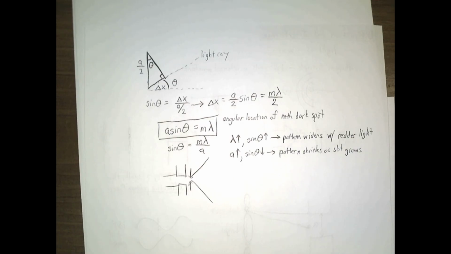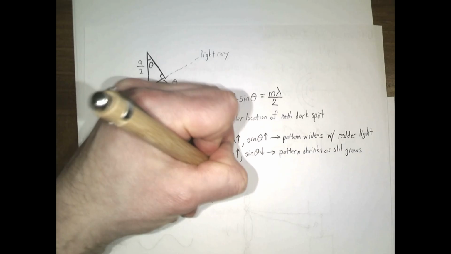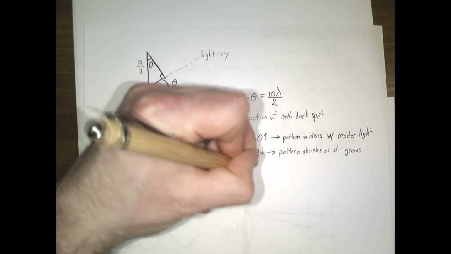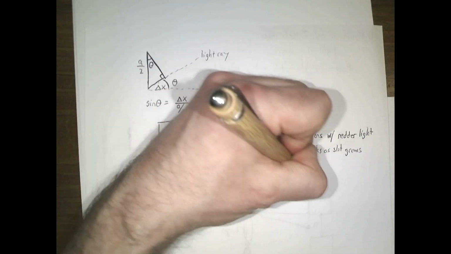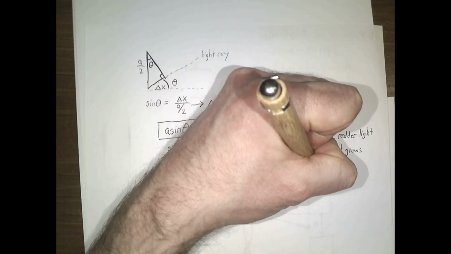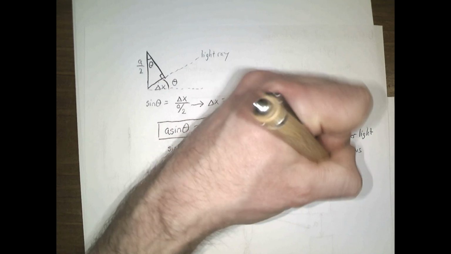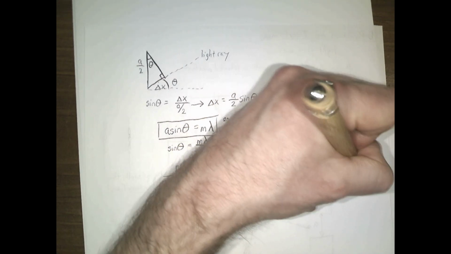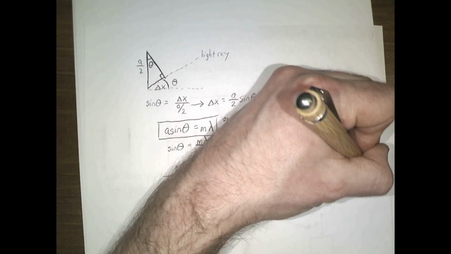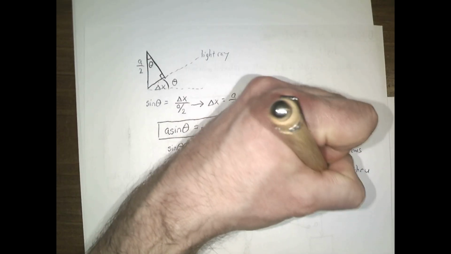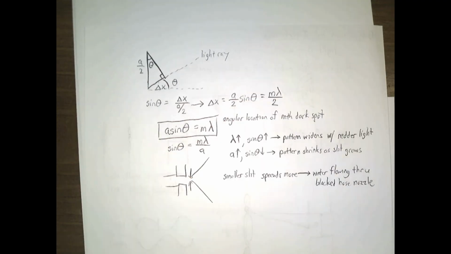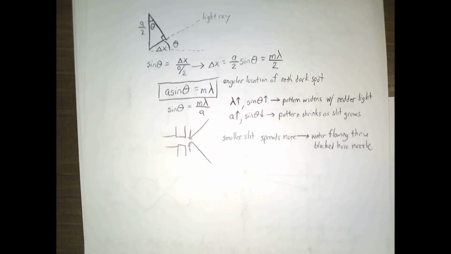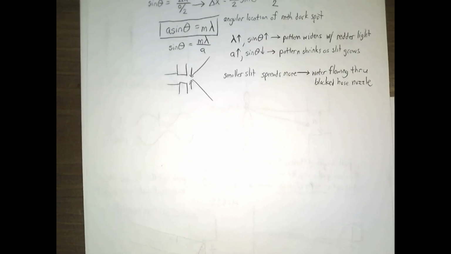I don't know if that picture was helpful at all, but you can think of it like smaller slit spreads more. You can think of this as analogous to water flowing through a blocked nozzle. So that's single slit diffraction.